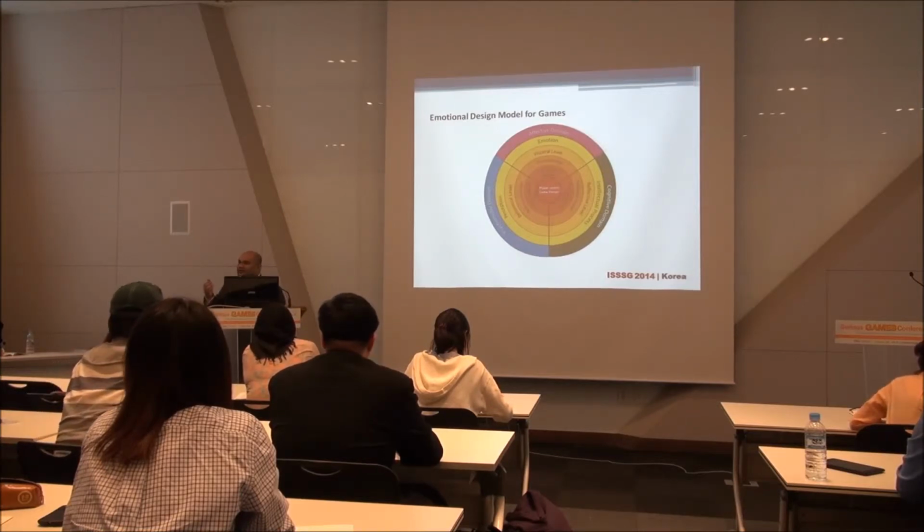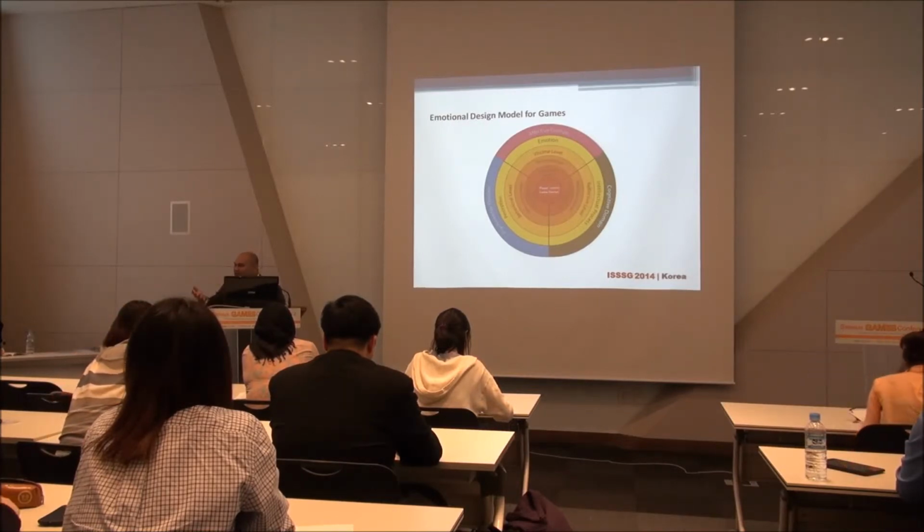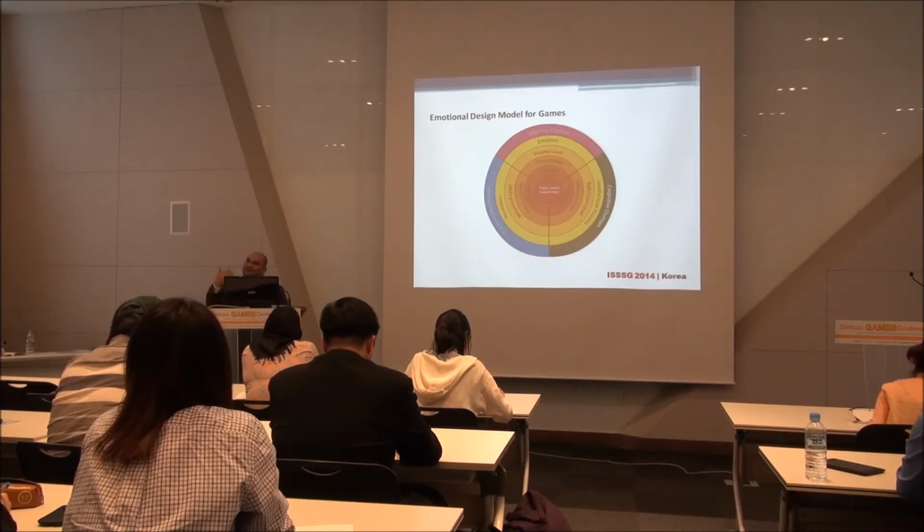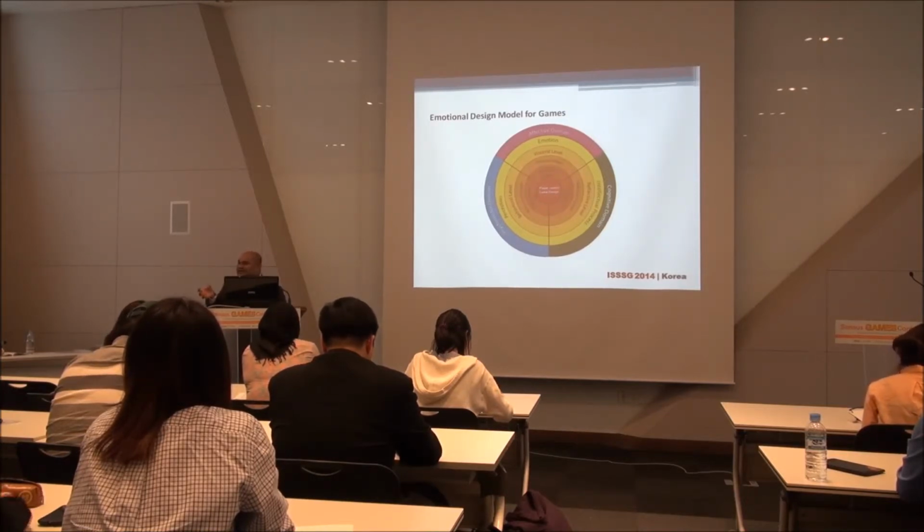If you want to design games more on something beautiful for your target market, for children, for example, you must know the visceral level of the children, right? And then it goes to visceral design. How do we want to design the visceral design for your target market?